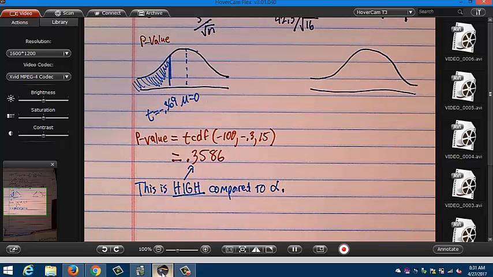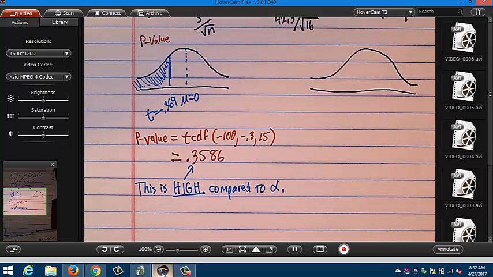They didn't tell me what alpha was, did they? But why do I say this is high compared to alpha? Because alpha is usually like 0.05, or something, right? 0.10 is high. Have you ever seen 0.20? Maybe it's the highest I've ever seen. 0.01. You with me? No one's going to take an alpha of 38%. I'm sorry, we're just not going to do that, right? So this is high.